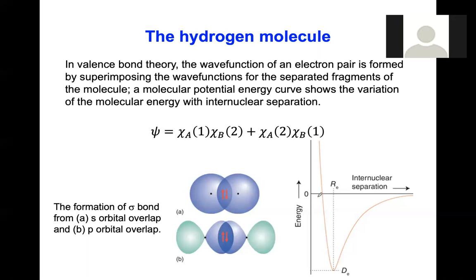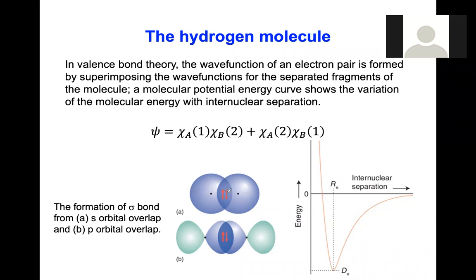So you have to increase the distance to get the highest attraction energy from the overlapping density with the nuclei. However, when you increase the distance too much, you also increase the energy, because you lose the overlapping density between them. So that's the profile of the energy change with the distance between the two hydrogen atoms.